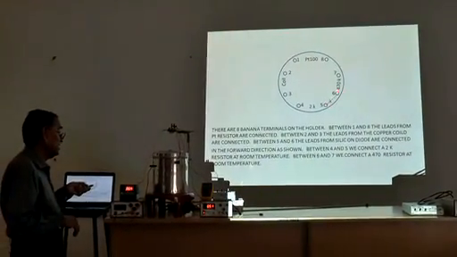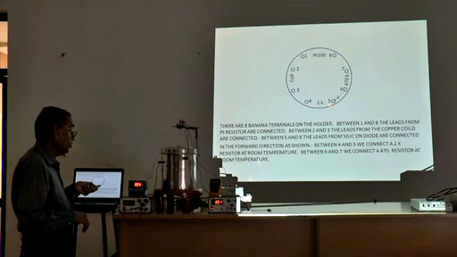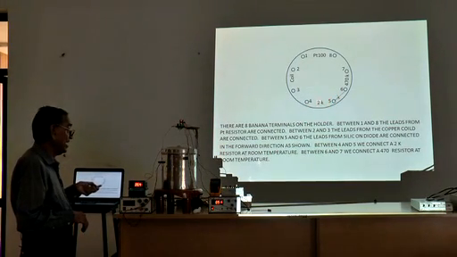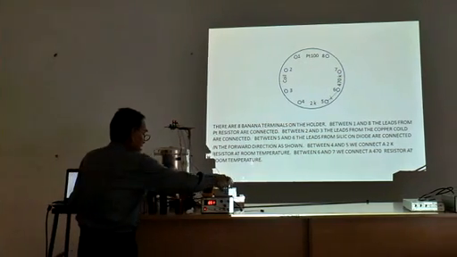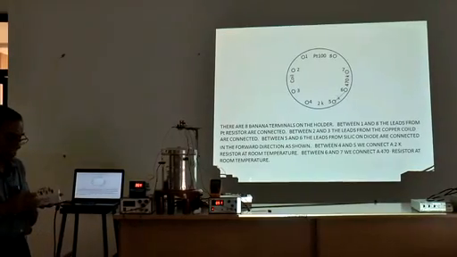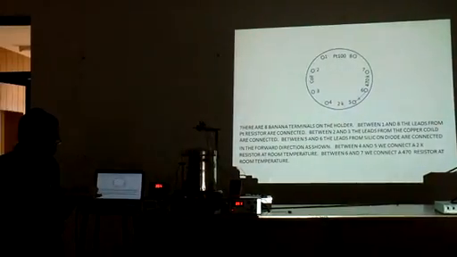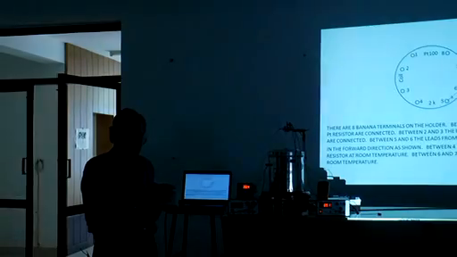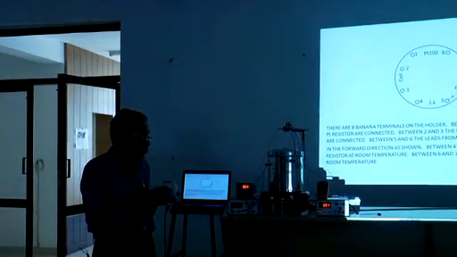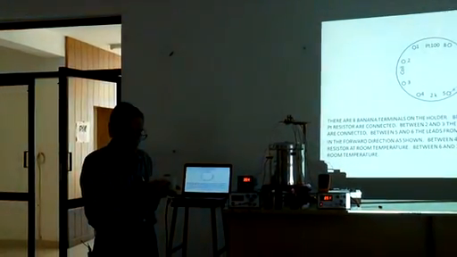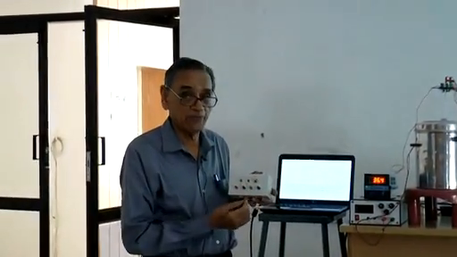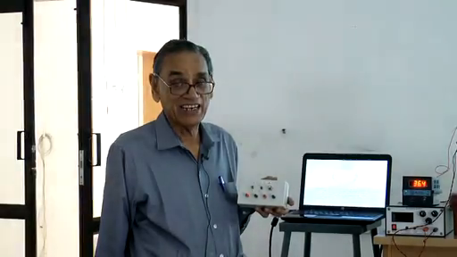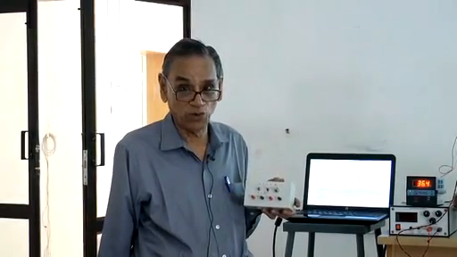Between 5 and 6 we have a diode. Between 4 and 2 we have 2K at room temperature. Between 7 and 6 we have 470K. I have a box here, and in this box I have a 1.5 volt cell which is connected to a 2K pot. So, at the variable point of the 2K pot, I can get any voltage between 0 to 1.5 volts.